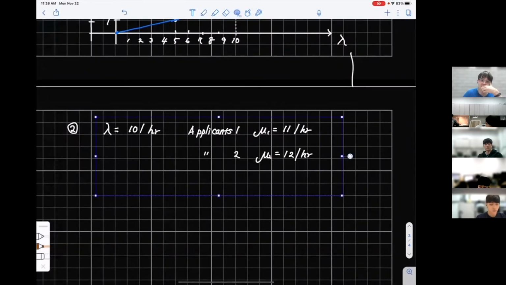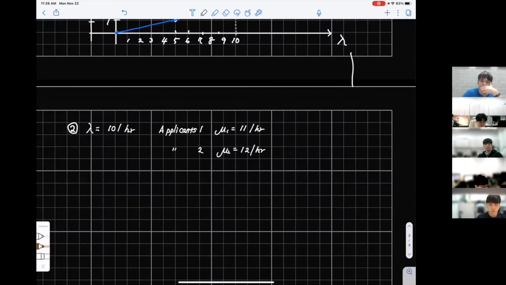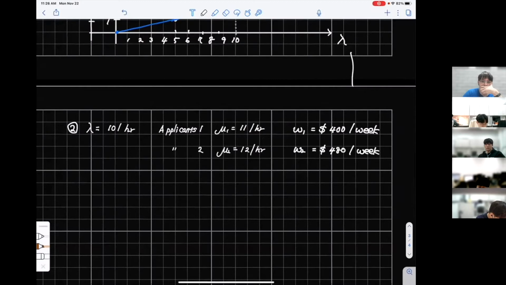The wage of applicant 1 is $400 per week, and the wage of the second applicant is $408 per week. In this problem, a week is 5 days and 8 hours per day, so a week means 40 hours.